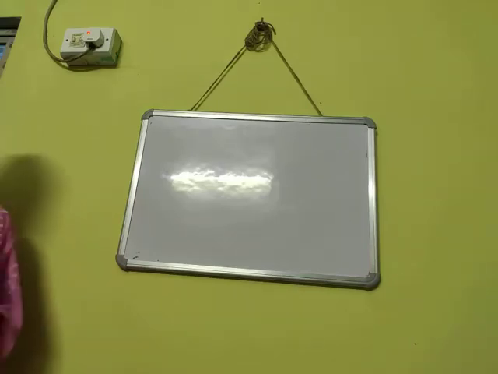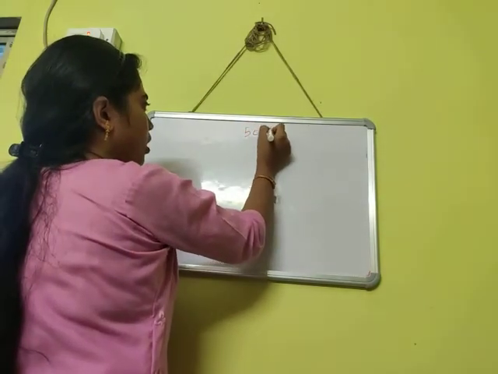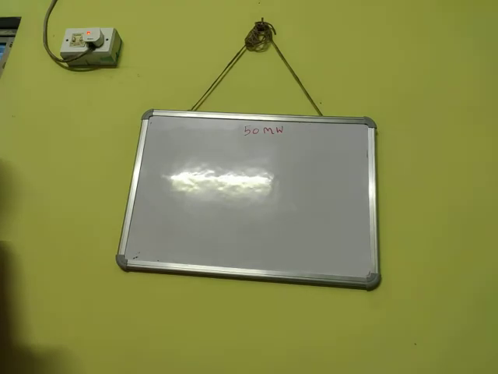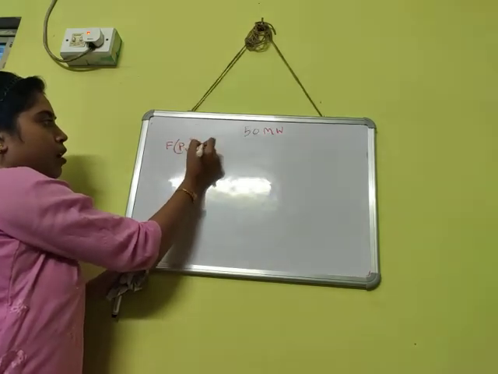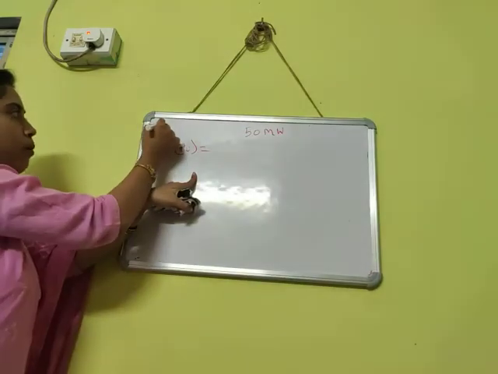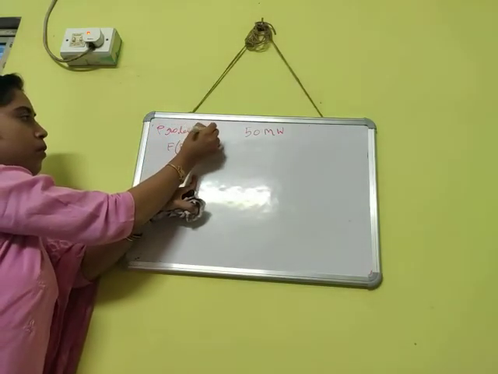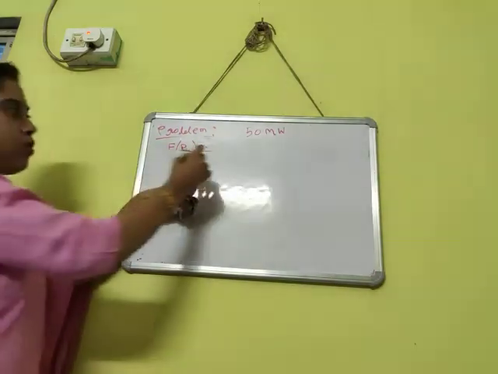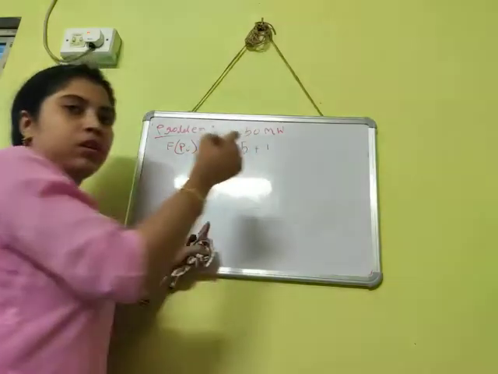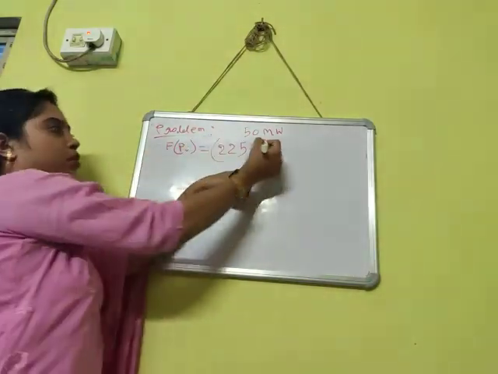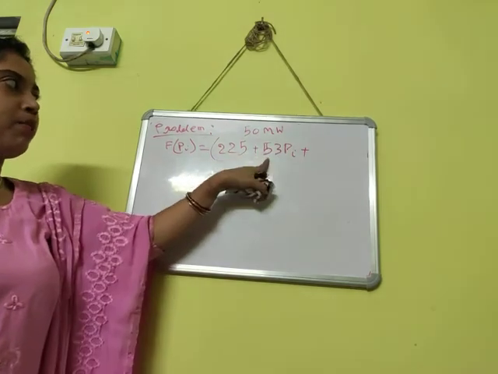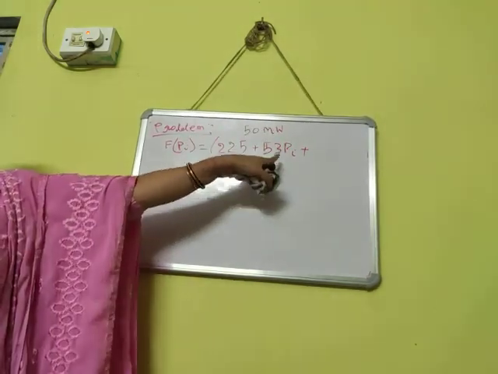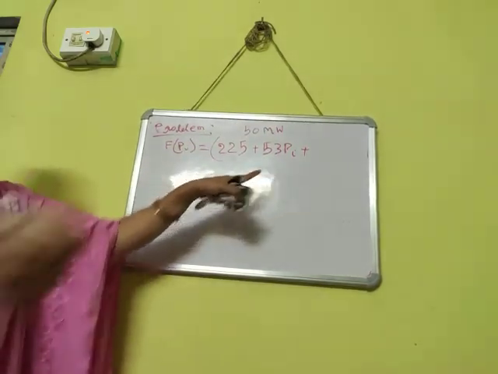Now if we consider a cost function of a 50 megawatt generator, suppose F(Pi), that is our cost function which will be given in the problem, that is equals to 5 plus 53 Pi plus 0.02 Pi square dollar per hour, that means ax square plus bx plus c, this one is the c term, that one is bx term, and the ax square is here.